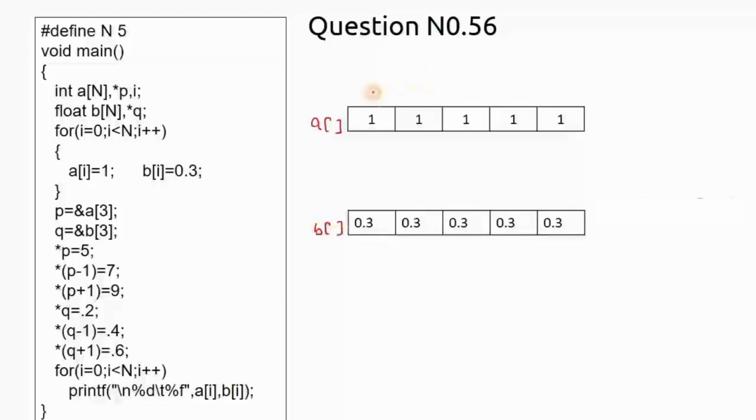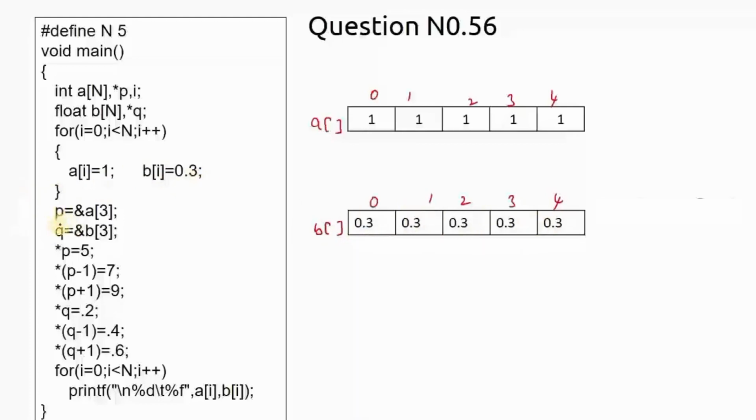The index starts from 0. So the meaning of this for loop is a of 0, that is i value 0, a of 0 is 1, and then i value 1, a of 1 is 1, a of 2 is 1, like this. And for b also, b of 0 is 0.3, b of 1, b of 2, b of 3, b of 4, like this it has.